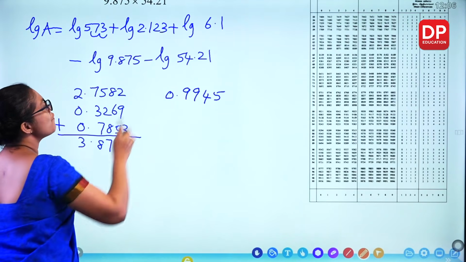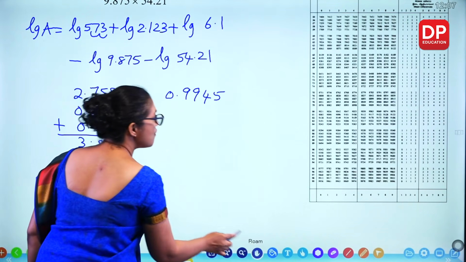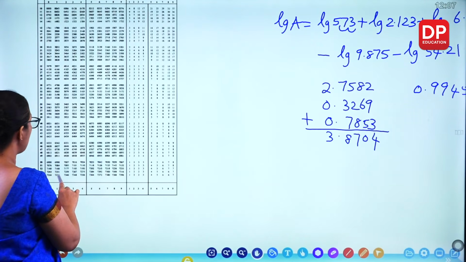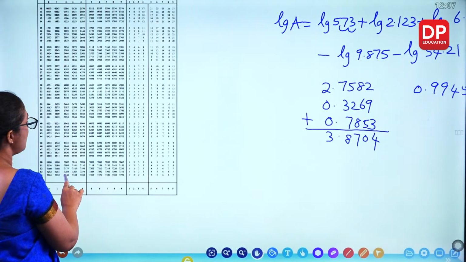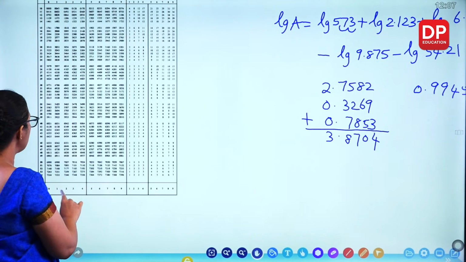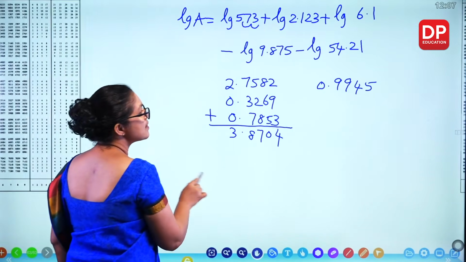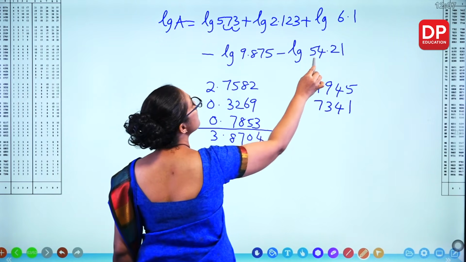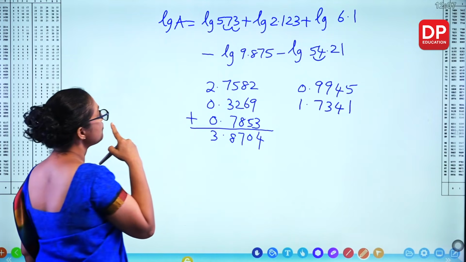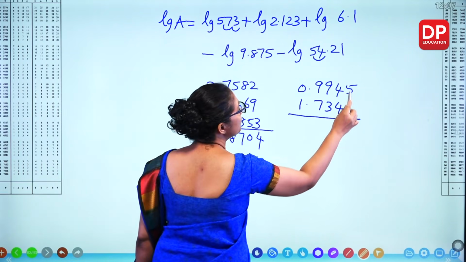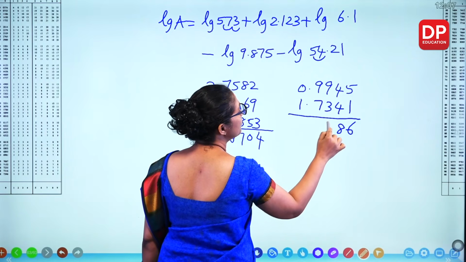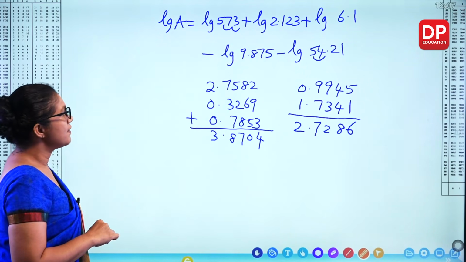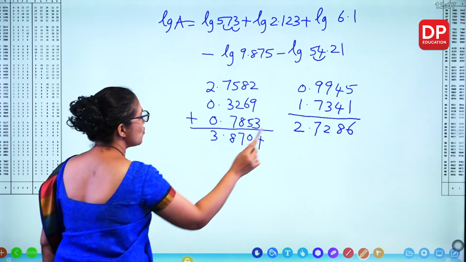Then the next one, 5421. 54 from the first table, 5421. 54 2 and 1. 1 is 1. So 7341, and the characteristic is 1. Now we can add these two. You get 2.7283.